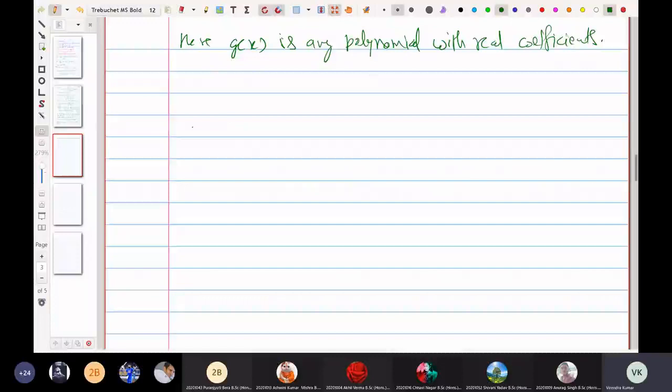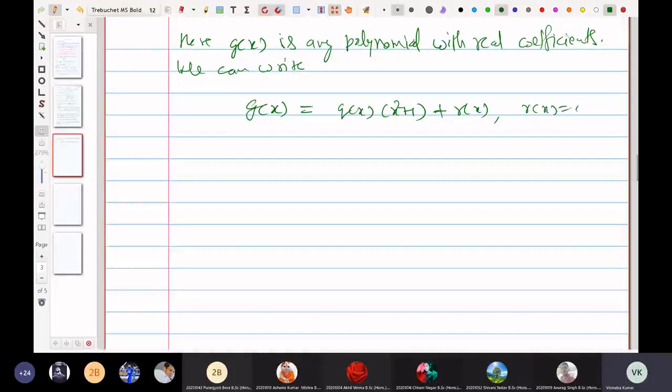So what is the possibility for the remainder? When dividing g(x) by x square plus 1, we can write g(x) as q(x) times (x square plus 1), this is the quotient, plus r(x). In the case of r(x), either r(x) is identically 0, or the degree of r(x) is less than or equal to 1, because if it is degree 2, then again we can divide it by x square plus 1 to get some remainder.